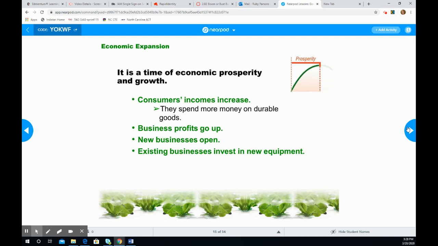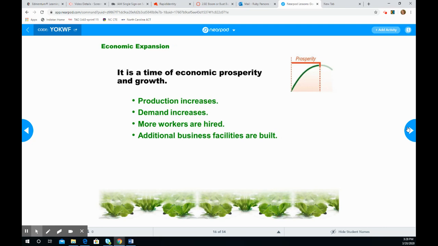If consumers' incomes are increasing, they can spend more money on those durable goods that they use. So therefore, when they're spending money, business profits go up. New businesses will take that leap of faith and they will open because they feel comfortable. And those existing businesses will now invest in new equipment to better the goods or the services that they are providing.